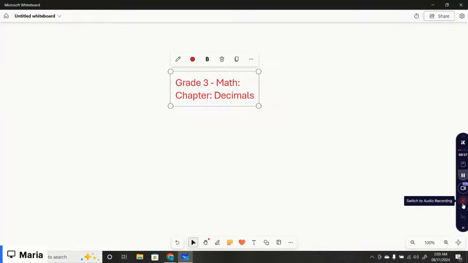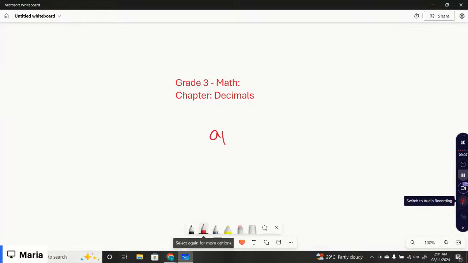We are here for grade 3 math. You can find all the lessons on aplusstudents.com. You have to log in there using your email address and password provided by the administrator.